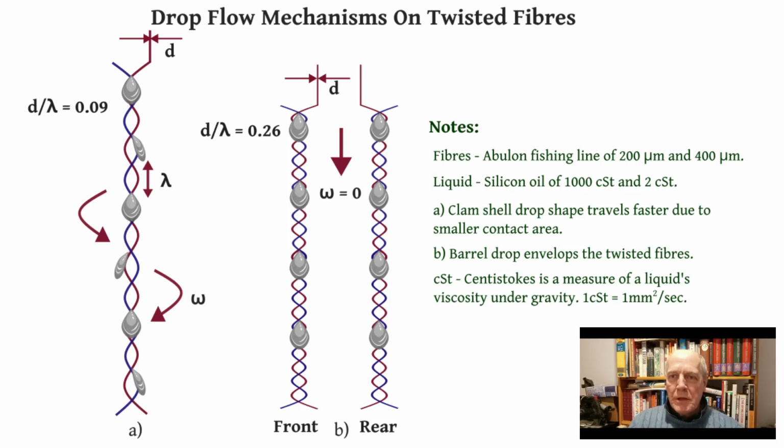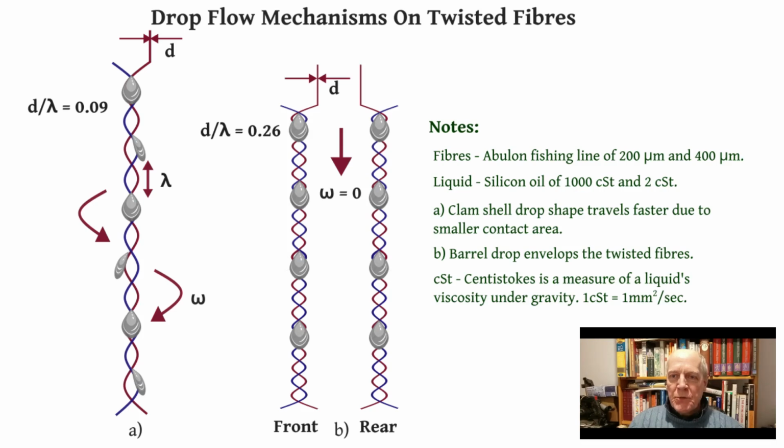Now, the term clamshell is a term which the researchers use in the more recent work. This earlier work also showed that this so-called clamshell-shaped drop could morph into a barrel-shaped drop.